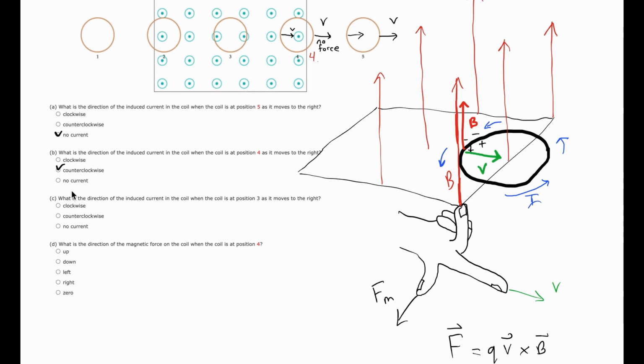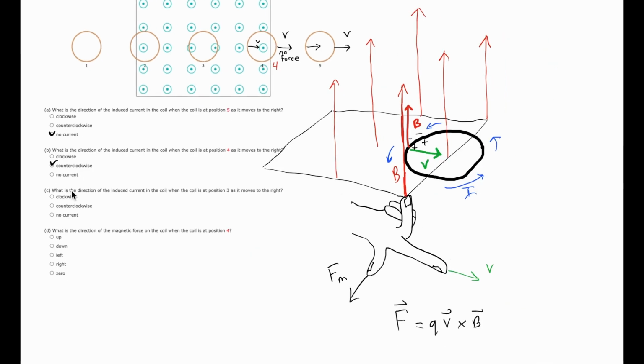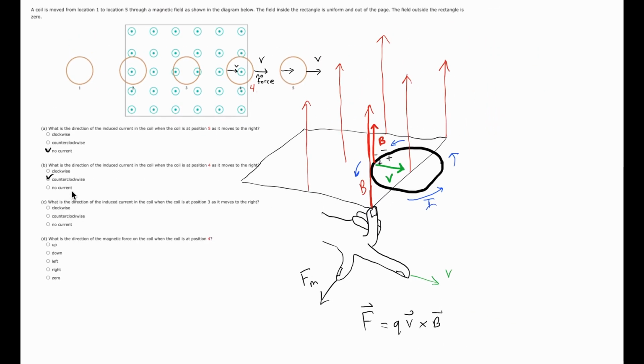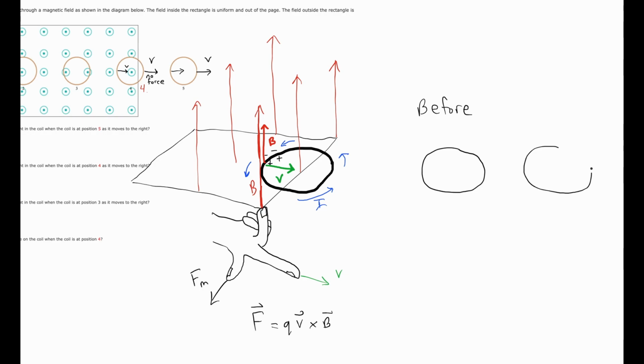Okay, well, there is another way to analyze it, though. We could also look at it from the perspective of flux. So when it comes to flux, we look at the before and after. So before, we've got field lines coming through that loop.